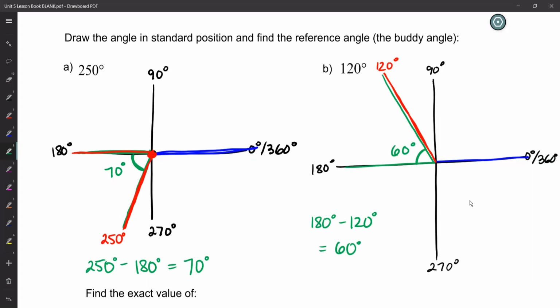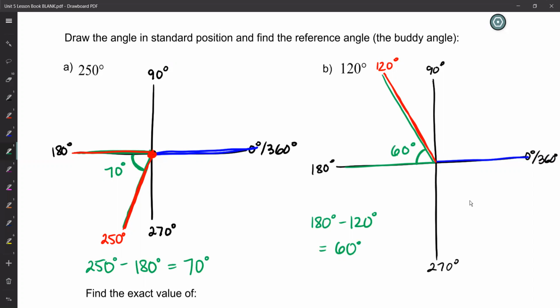So now we're going to put this all together with finding the reference angle and also using the CAST rule and our special triangles from yesterday. All right, so anytime an angle over 90 degrees has a reference angle of 30, 45, or 60, we can actually use the special triangles to determine an exact value of that trig ratio.